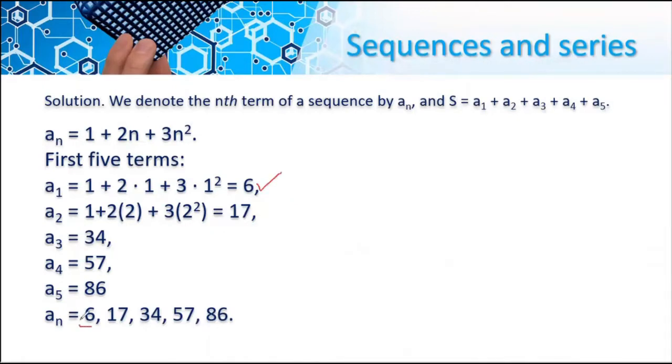So, 6. Then, yung second term, following the set of sequence. So, 1 plus 2 times 2, kasi magiging second term na tayo or 2 na yung n natin, plus 3 n's or 2 square.